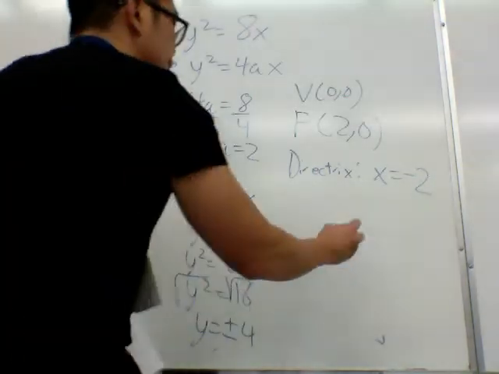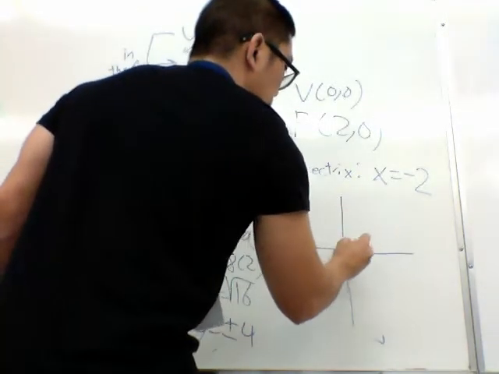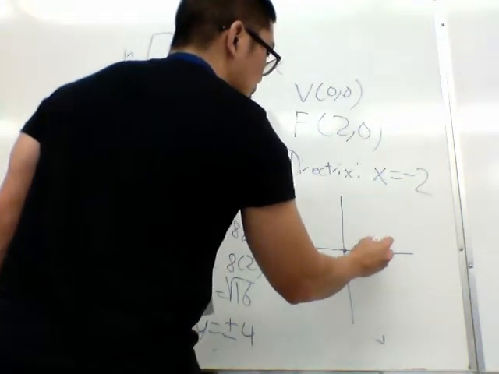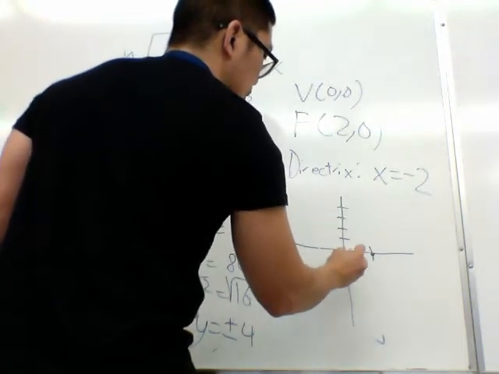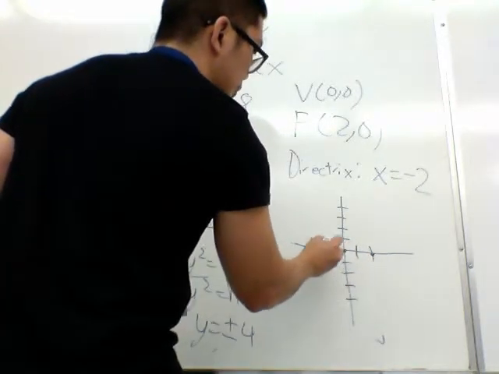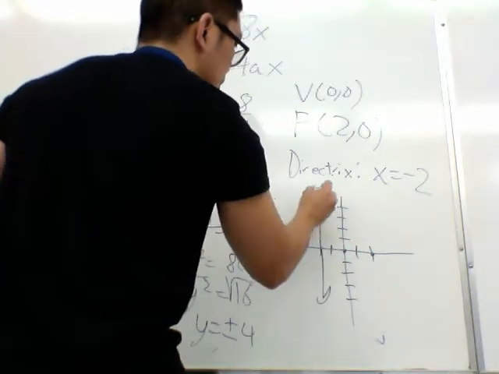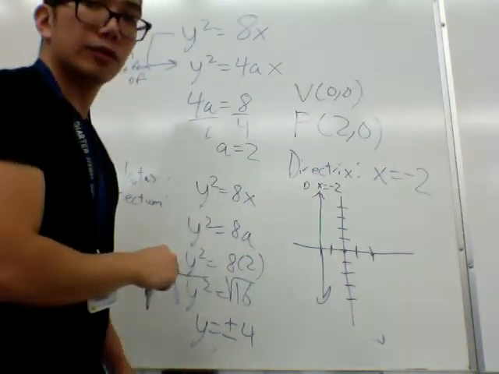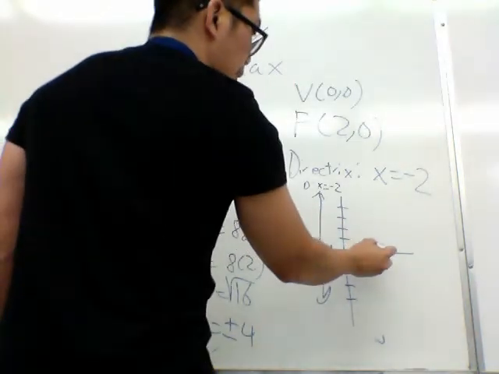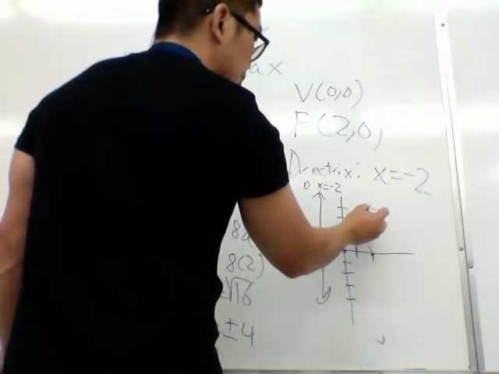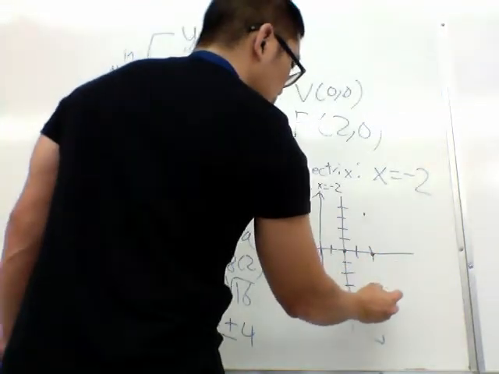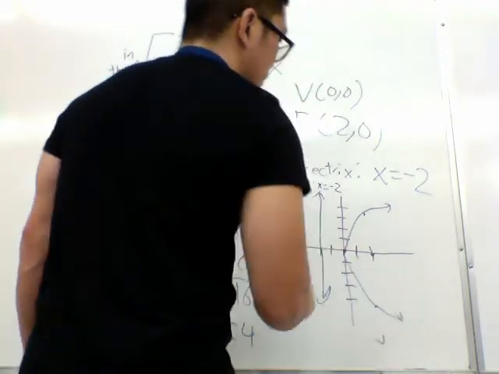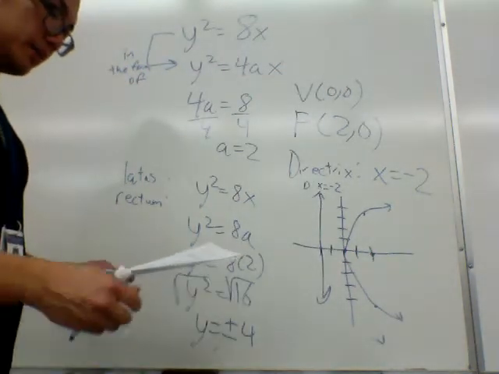So if I draw my graph, the vertex is at (0, 0). My focus is at (2, 0). First I know my directrix is at x equals negative 2. And above and below the focus, I know my latus rectum goes from 4 to negative 4. So my parabola will open up like that.